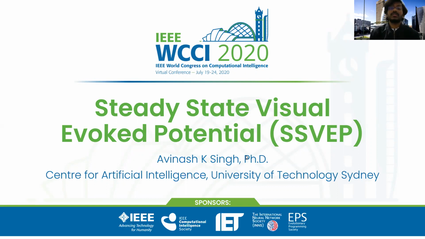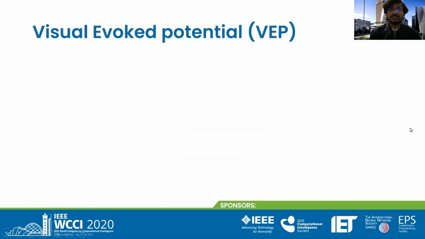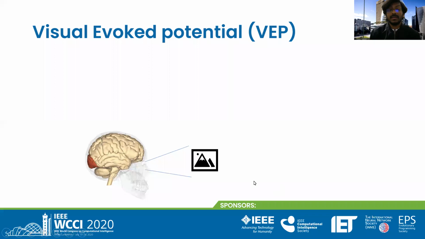Before we go more deeply, we should understand what a visual evoked potential itself is. Like the terminology tells you, it happens whenever we see any object with our eyes. A certain signal is generated in the part of the brain shown here in red.